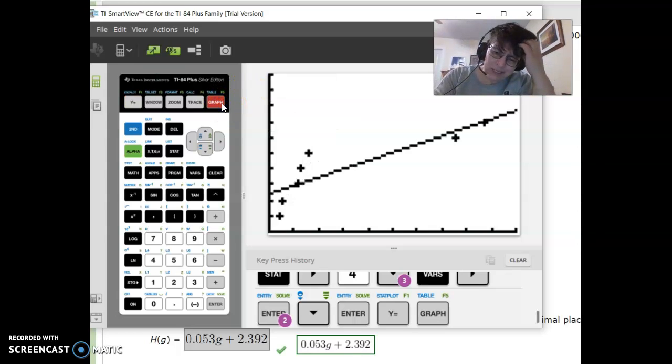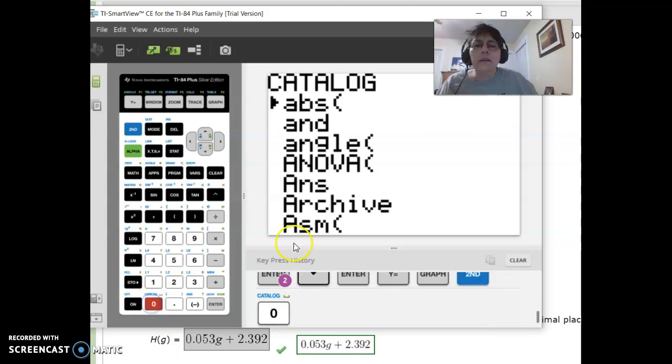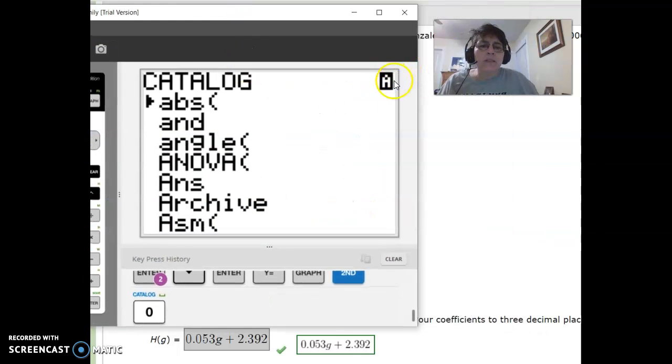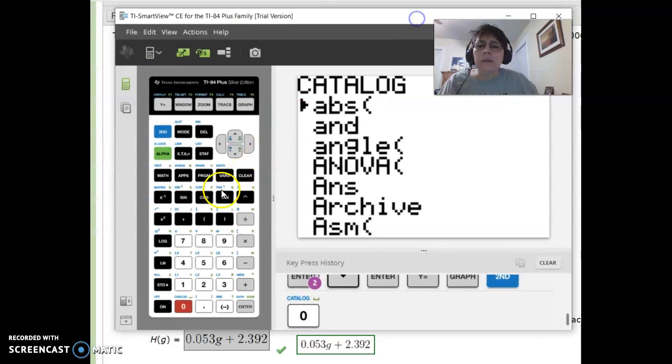Now, I would like to know exactly how good this is. So right here with catalog, it's right above 0. Second, catalog. It's in alphabet mode, so alphabet, I'm looking for D's. There's a D right there.